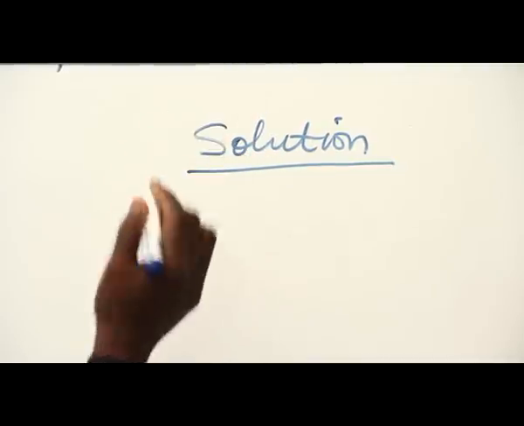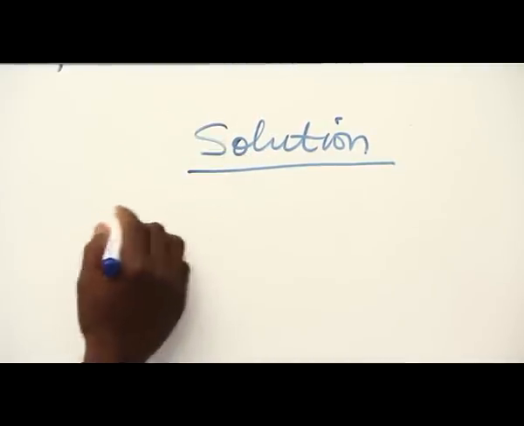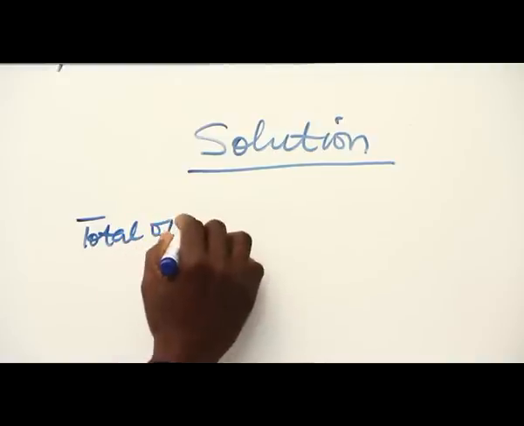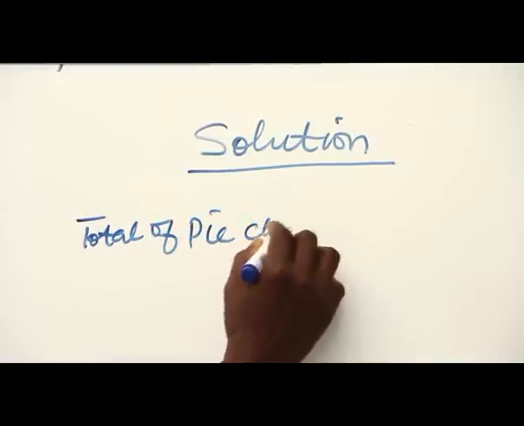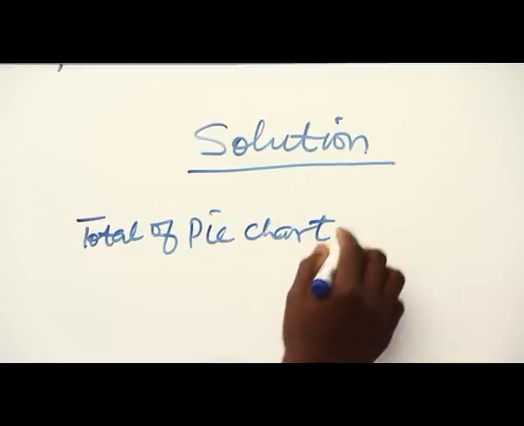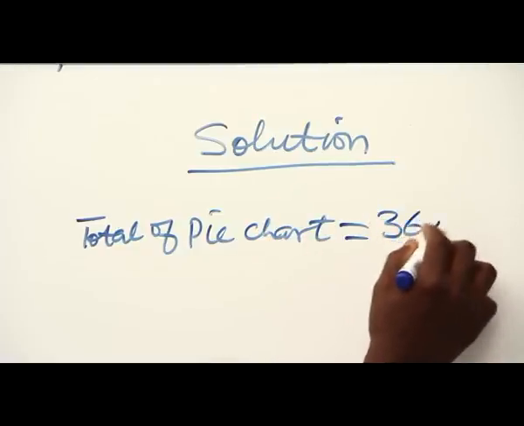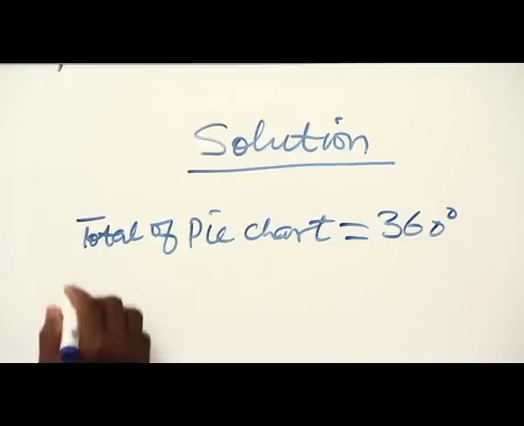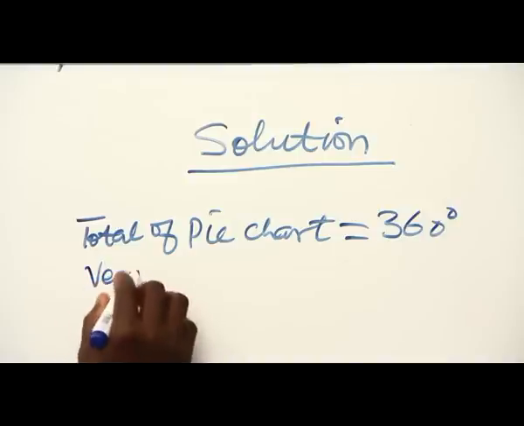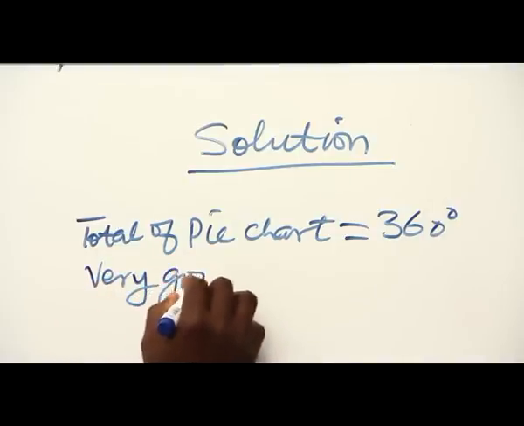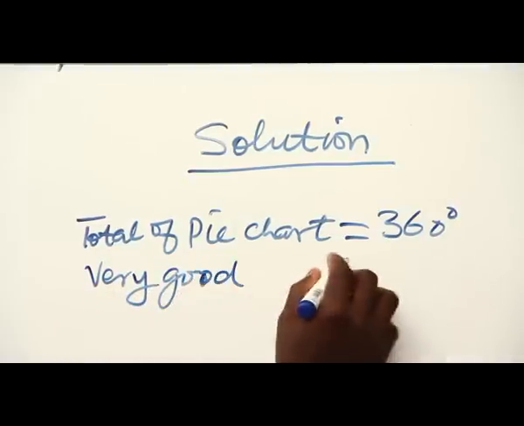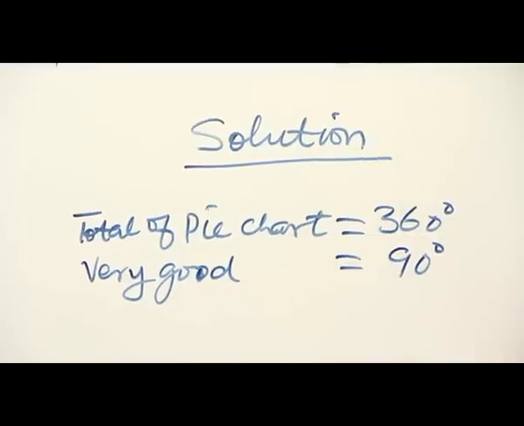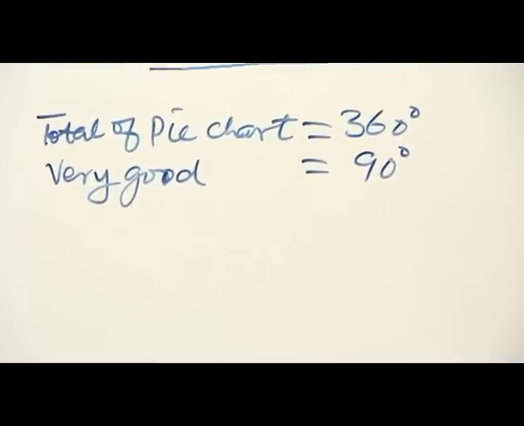Solution. First, the total of a pie chart is 360 degrees. The portion for very good equals 90 degrees because it's a right angle.